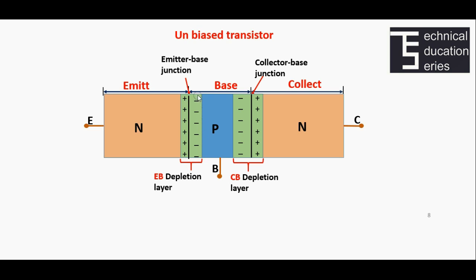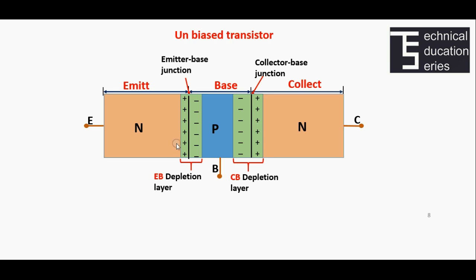In a depletion layer formed on a junction, the number of impurity ions will be equal on both sides of the junction, so that the extension of the depletion layer will be more into the lightly doped region than into the heavily doped region. Since the emitter is more heavily doped than the base and collector, the depletion region formed in the emitter junction will be smaller than the depletion layer formed on the collector junction.